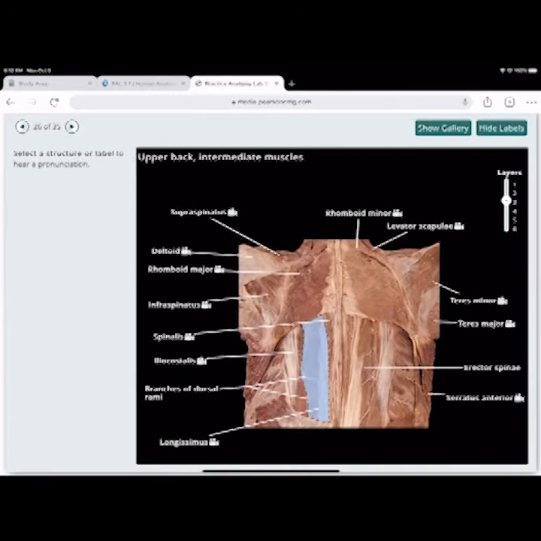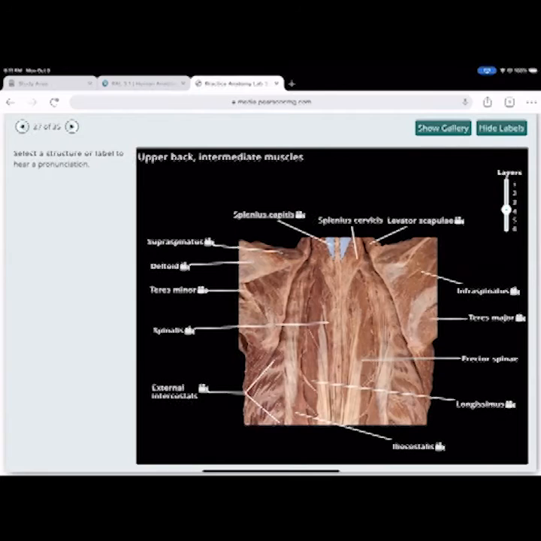And we have our serratus anteriors, our erector spinae muscle, teres major, teres minor. And our levator scapulae muscle going up the neck, and the rhomboid minor, rhomboid major. Splenius capitis, muscles of the neck that extend up. That's the very inferior tip of it.